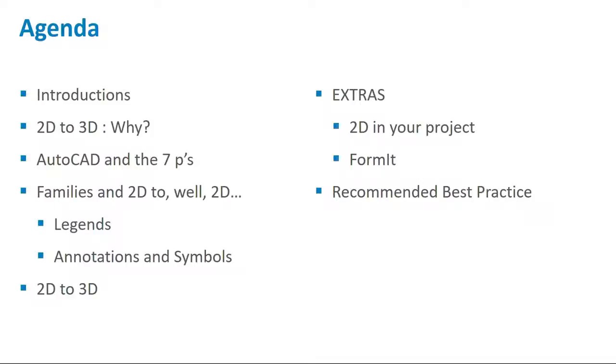Then we're going to look at families to 2D, legends, annotations, 2D to 3D, and then a little bit about 2D in general in your project, and Formit, strangely enough. And then a little bit on recommended best practice. If anybody has any questions, you're welcome to ask at any point if you like, but we'll try and keep them to the end.